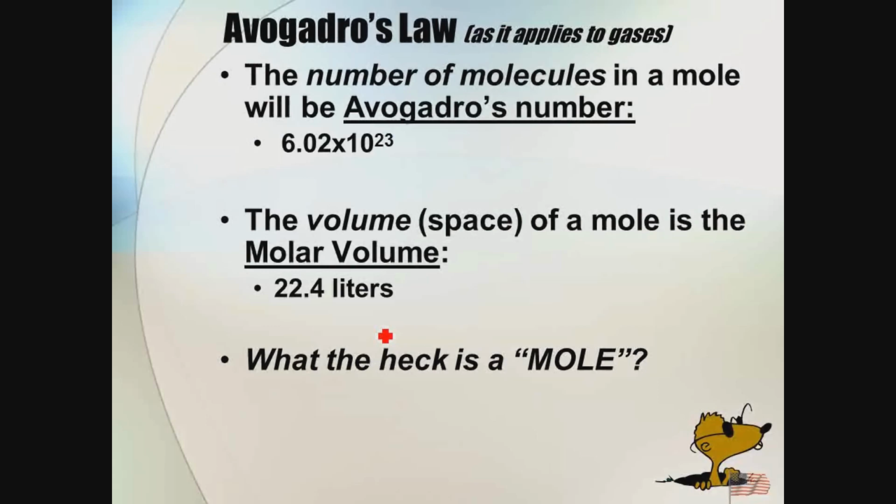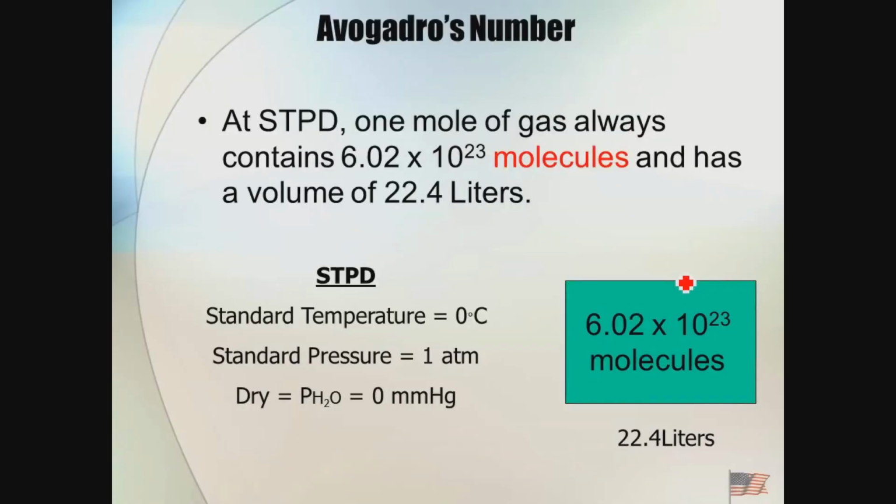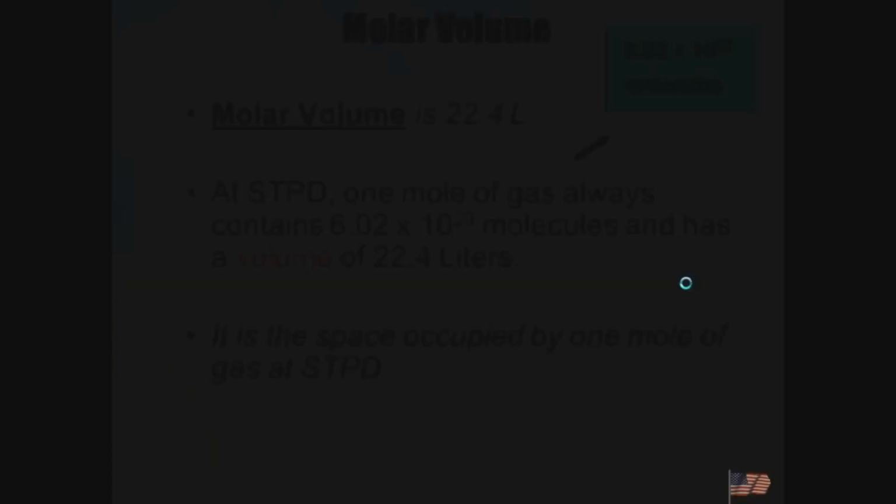Okay? There's one exception to that, and it's CO2, and that's something like 22.39 or some little variance in that, but it's pretty close. So what the heck is a mole? Well, it's the number of particles, the number of molecules at STPD. Got to remember that part of it.